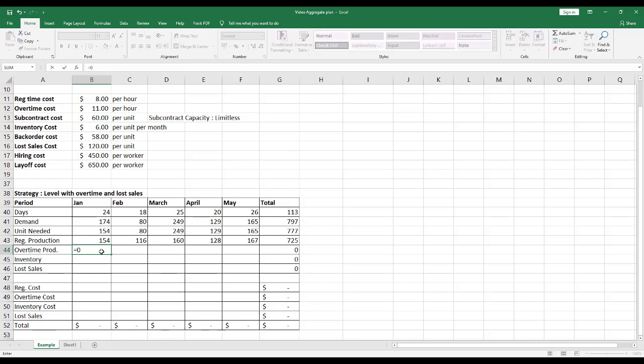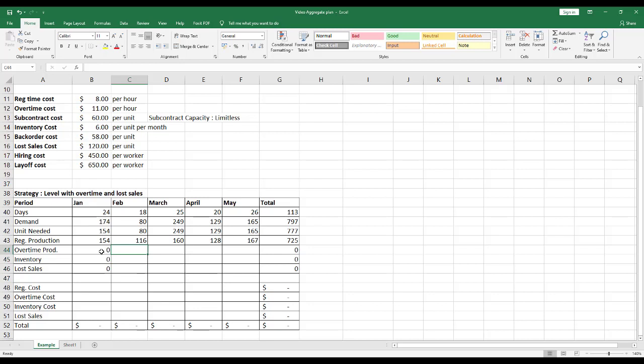If the same, then overtime is 0, and then inventory also for the first month is 0 because the regular production unit is the same as unit needed. And then lost sales also 0, there is no lost sales.